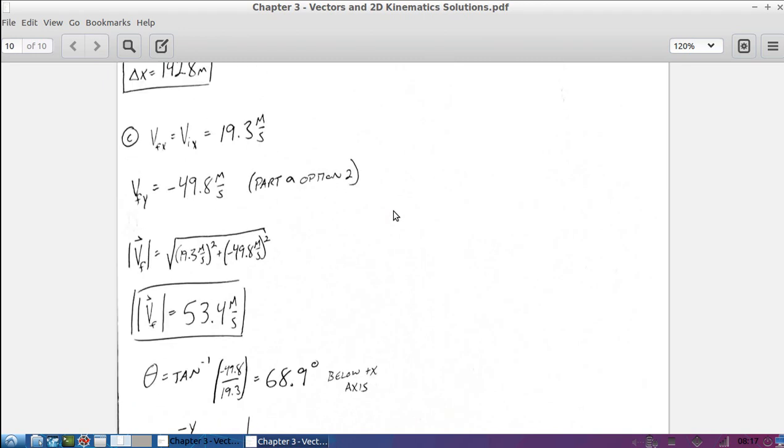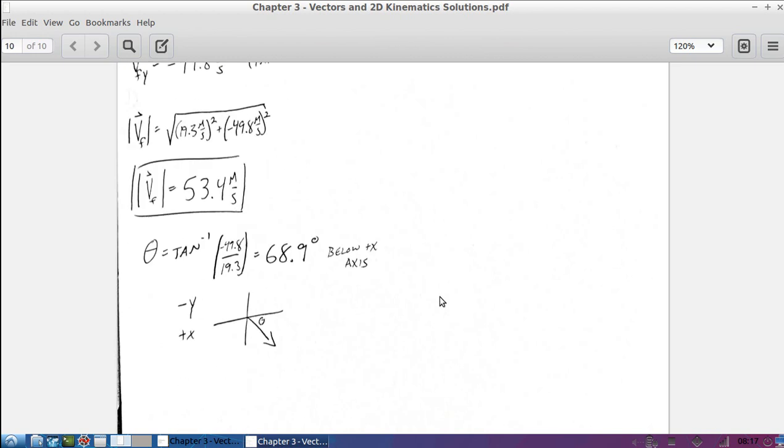Now it's just converting a vector in component form, I've got the x and the y component, to magnitude and direction. Plug it in your Pythagorean theorem, get the magnitude. It's different than the initial launch speed because we've got acceleration in the y direction. It's not symmetric. It's actually moving faster in the negative y direction than it was launched in the positive y direction.